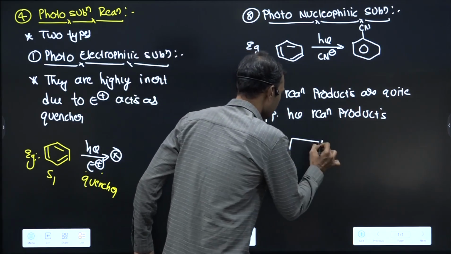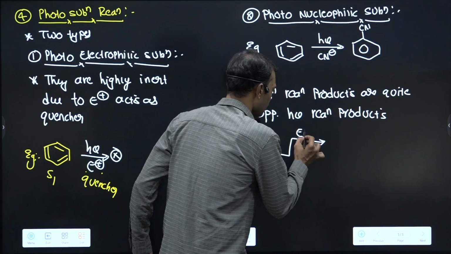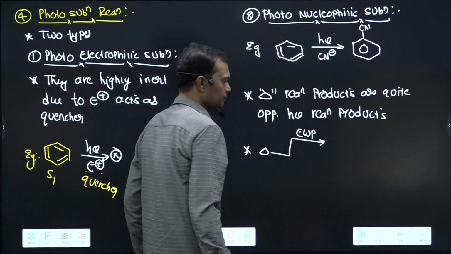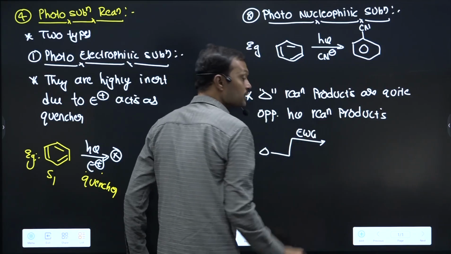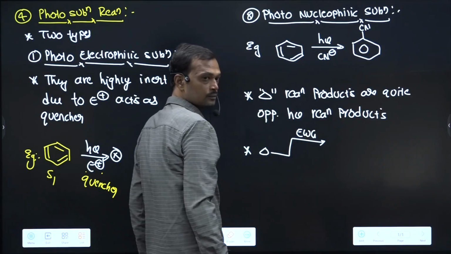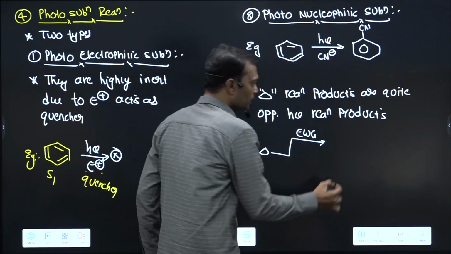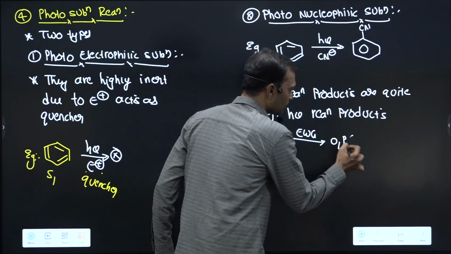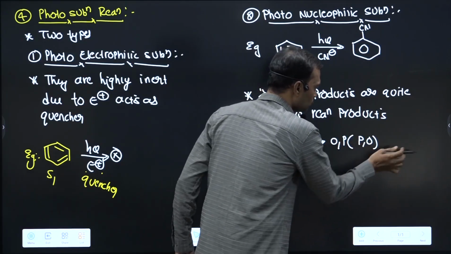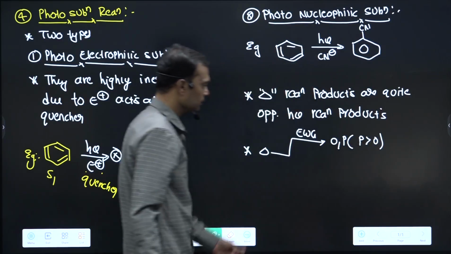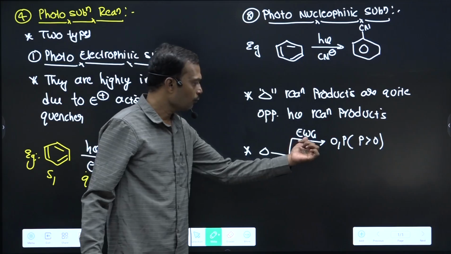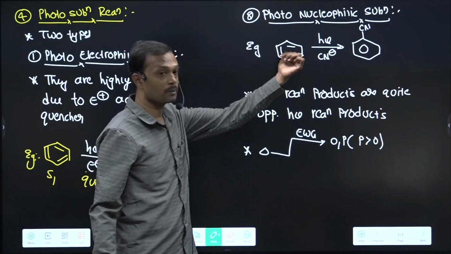So thermally, see, if any electron withdrawing group is present on benzene, then it will be an ortho para director. Para is predominant over ortho, thermally, when any electron withdrawing group is present on benzene.